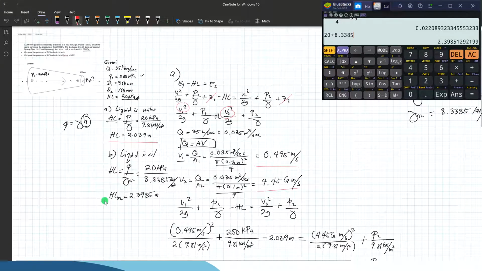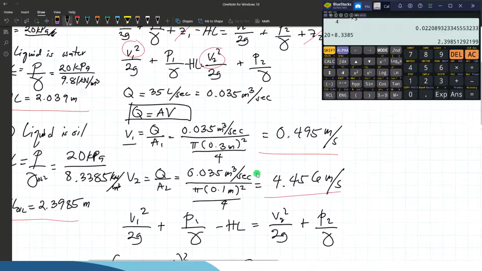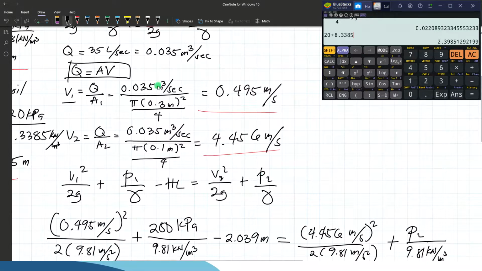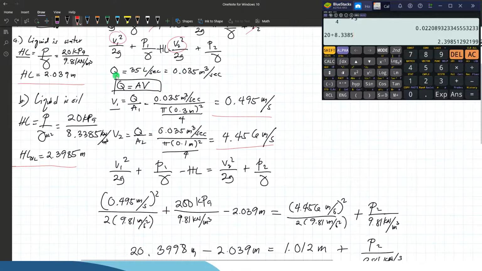So we will use that in this equation. In determining the velocity at point 1 and point 2, the unit weight will not affect the values, since the unit weight is not used in computing the velocity. We just apply Q equals AV, given that we will also use a discharge of 35 liters per second.